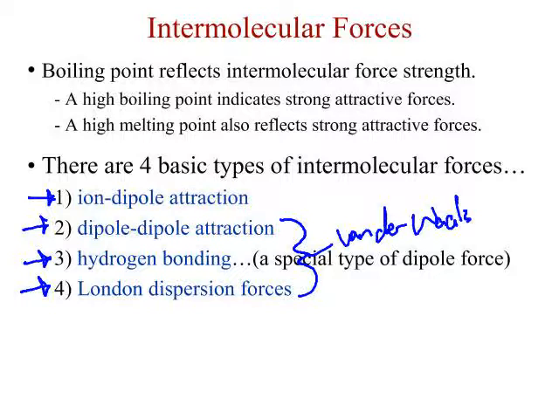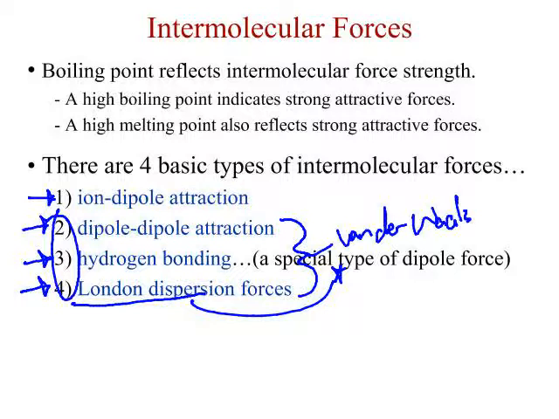You may have heard London dispersion forces alone being referred to in the past as van der Waals attraction. Really, these three can all collectively be referred to as van der Waals attraction, but they really are different things. So these are the 4 types we're going to be talking about today. We're going to go through them one at a time.